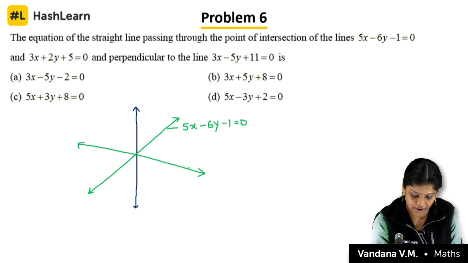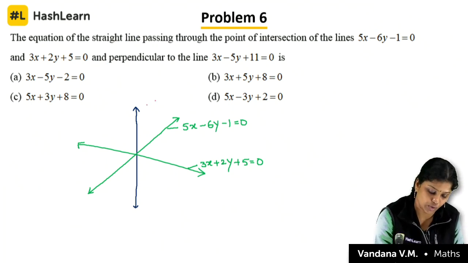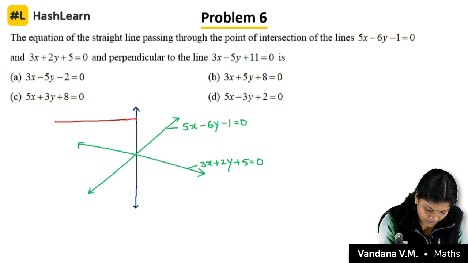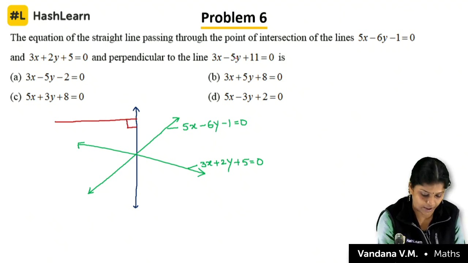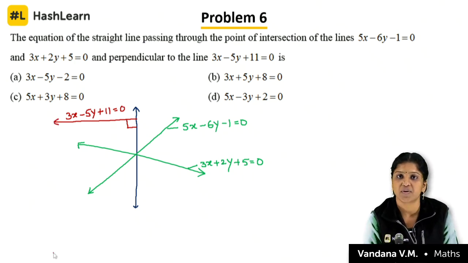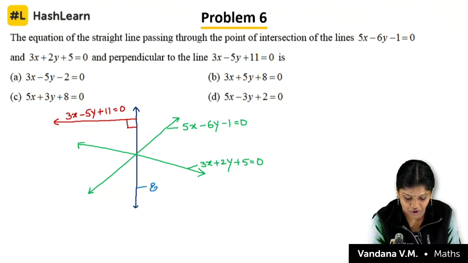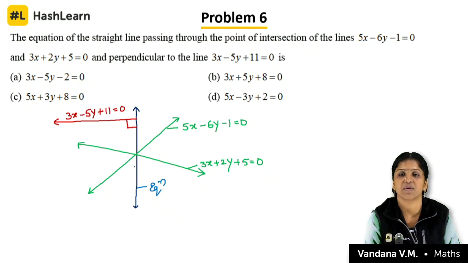One more equation is 3x plus 2y plus 5 is equal to 0, and that line is perpendicular to one more line. What is that? 3x minus 5y plus 11 is equal to 0. So, these many conditions this equation is following. At that time, I would like to find out this equation.